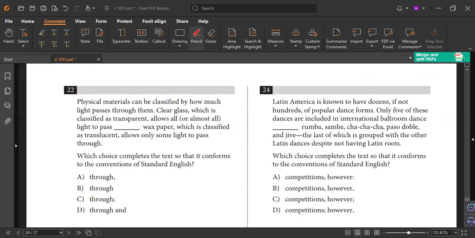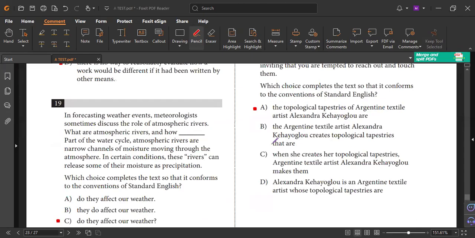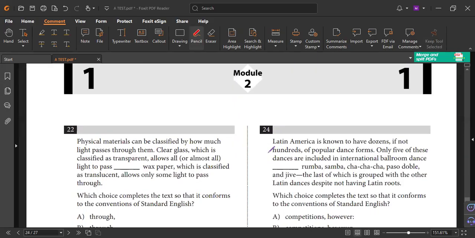Wait one second. 22, it's B. 22, you must try again. It's C, right? It was C. For 21, 21, we did it A, correct, okay?